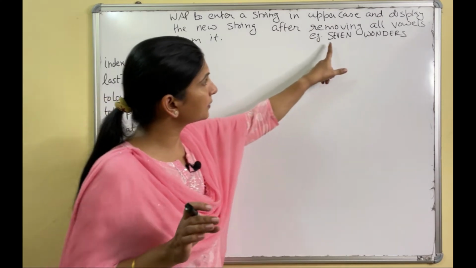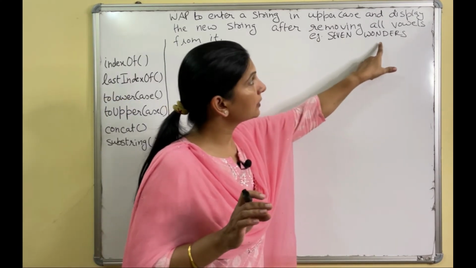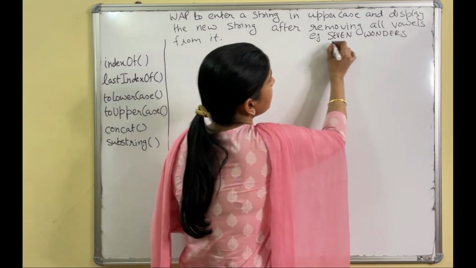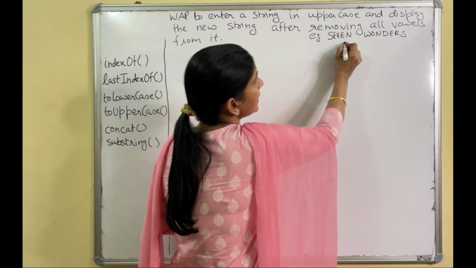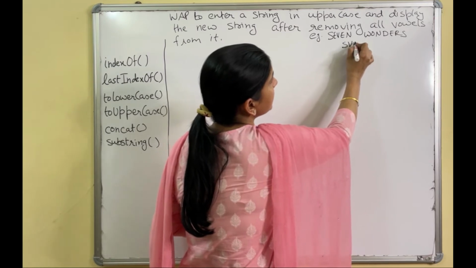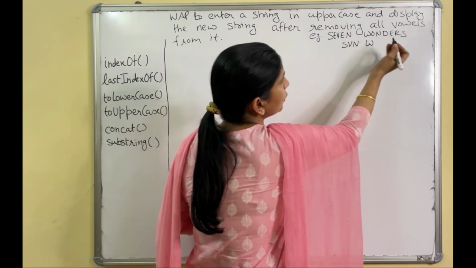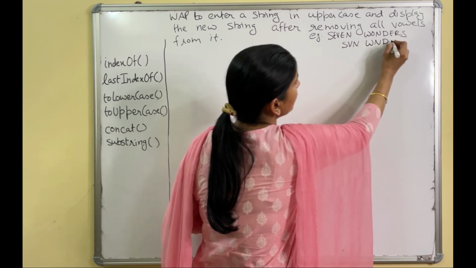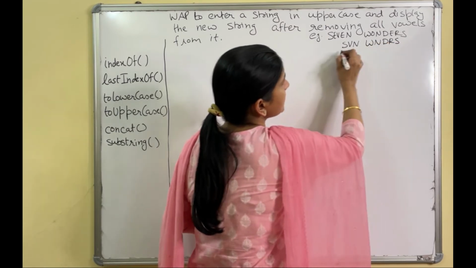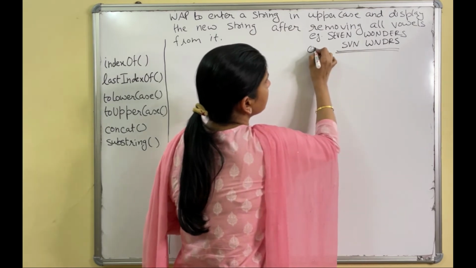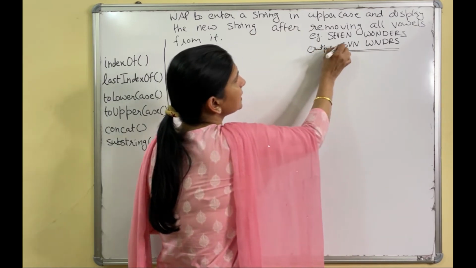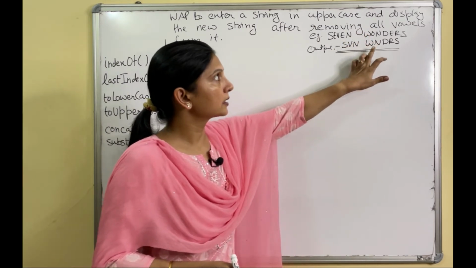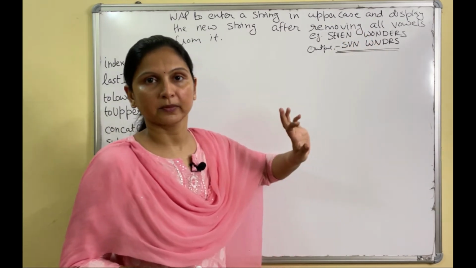For example, if the input string is 7 wonders, the output will be after removing vowels: S will be there, V, N, W, O is a vowel so we will leave that, N, D, again E is a vowel, we will leave that, R, S. So this should be the output, right? Whatever the string is, after removing its vowels, the output should be displayed.